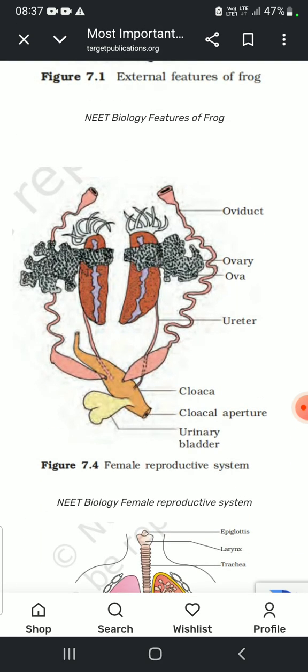Next we have female reproductive system of cockroach, in which we can see the oviduct is present, then ovary is present, then ova are present inside the ovary, then we have the ureter, then we have cloaca, and we have the cloacal aperture, then urinary bladder is also present.